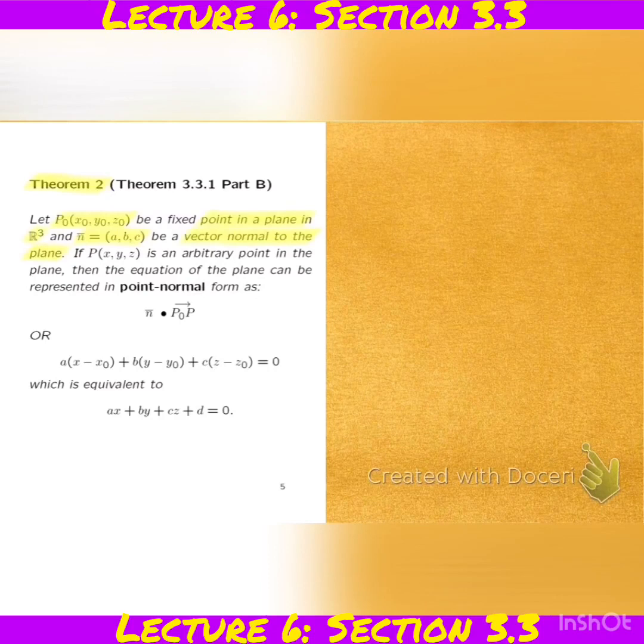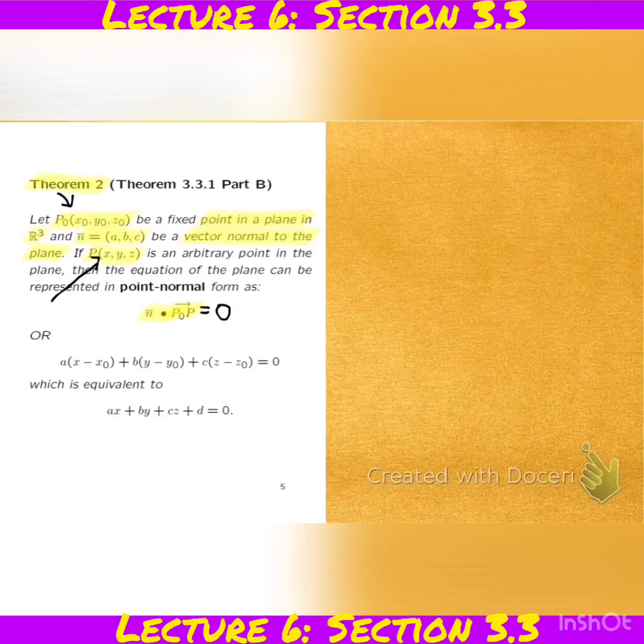Now, how do you find a point on a plane? It needs to be a point x, y, z, where you want to find all x's, y's, and z's such that if you take the vector with starting point P0 and endpoint P, that vector P0P, you want its dot product with n to be equal to 0.